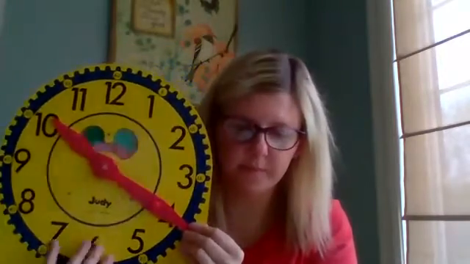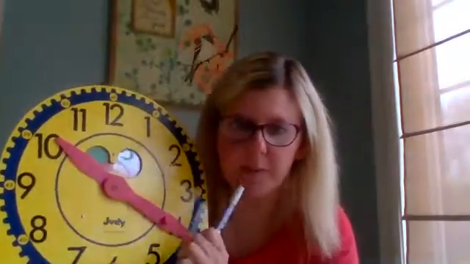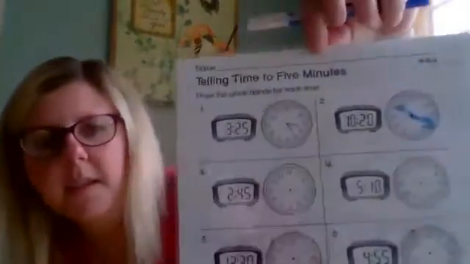See? So now it should say 10:20. So see how I have it? So we're going to put it a little bit before or after the 10 and on the 4. And don't stress about it being perfect. See, mine is not exactly perfect because it's kind of a thicker marker.